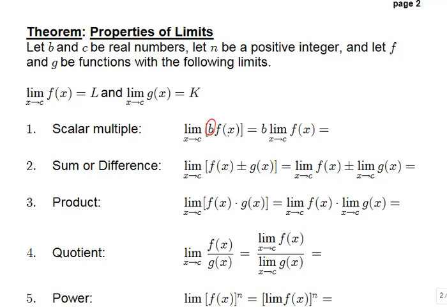And what this property of limits says is you can essentially pull that scalar, that constant, out, find out what the limit of the function is first, and then multiply that by your constant b. So if we know that the limit of f of x is L, then I can just multiply that by b, and that will be the limit of the scalar multiple. So the limit of a scalar multiple is that scalar times the limit.